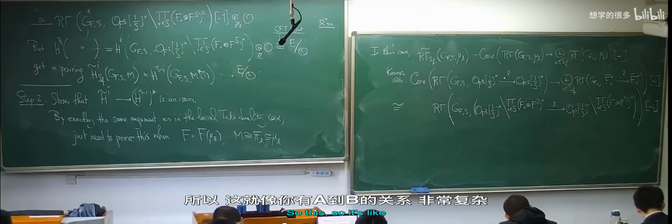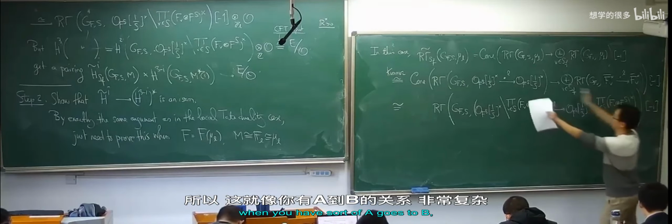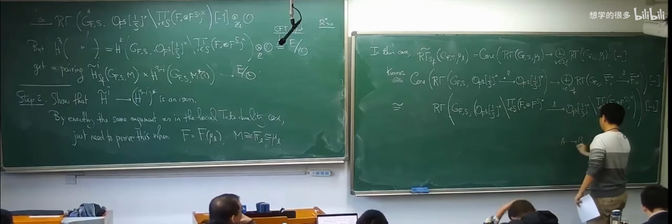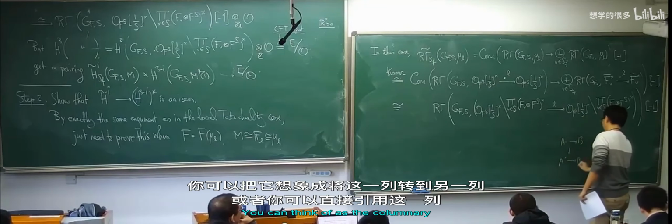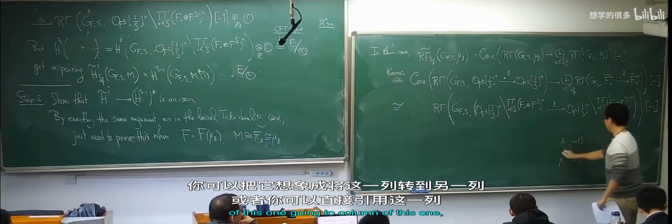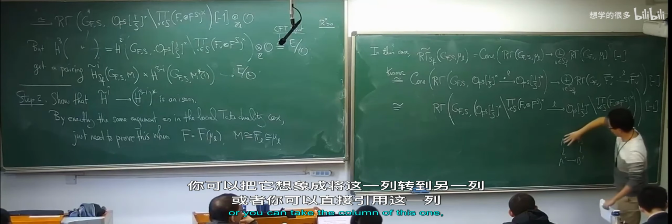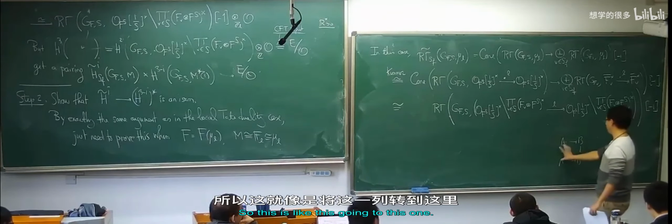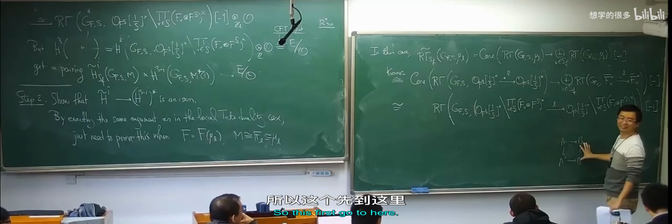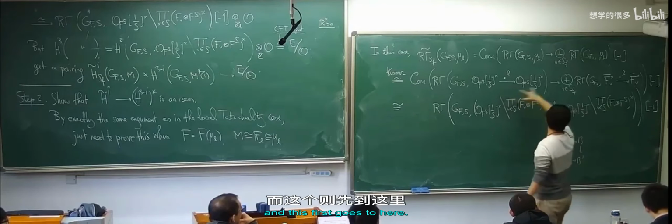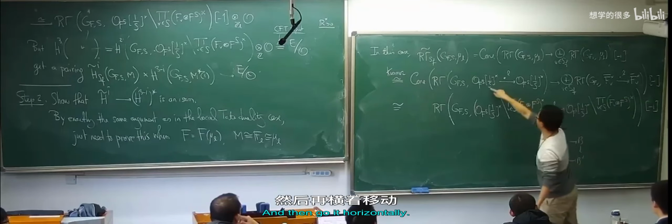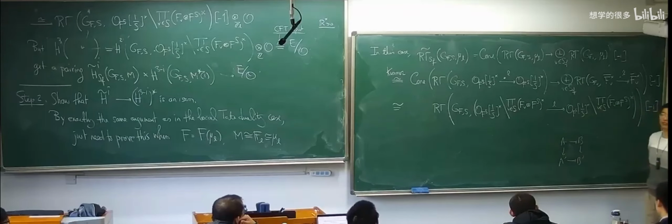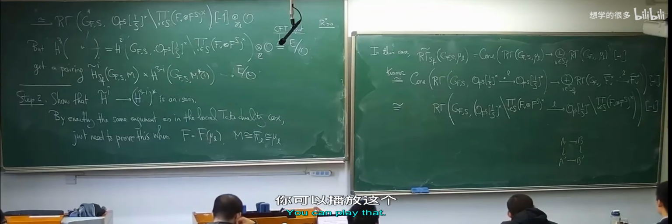It's like when you have A going to B, a complex, going to A prime, going to B prime. You can think of it as the cohomology of this one going to the cohomology of this one, or you can do it vertically. This first goes to here, and this first goes to here, and then go horizontally.